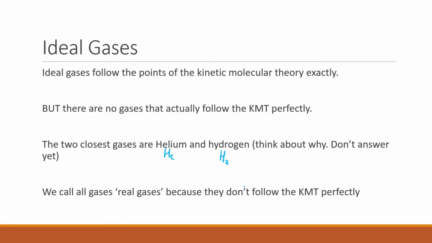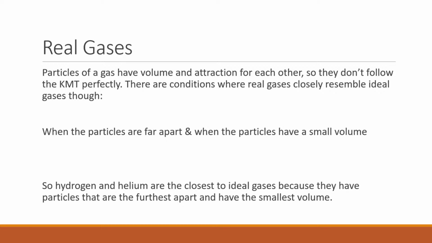But all of our gases, everything you've ever interacted with, has been a real gas and not an ideal gas. When we look at real gases, like I said, they have volume, they have attraction for each other. Their collisions aren't always elastic, and so they don't follow the kinetic molecular theory perfectly.